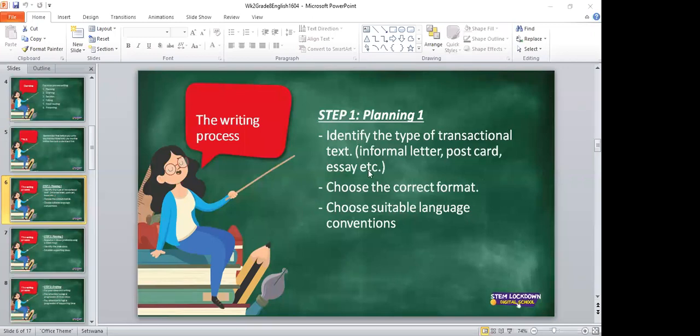Right? You can't write an informal letter using the format of a formal letter. Remember, an informal letter is that letter you write to a friend. So you can't write to a friend like you are writing to a certain company, like you are applying for a bursary or something formal like that from a big company.